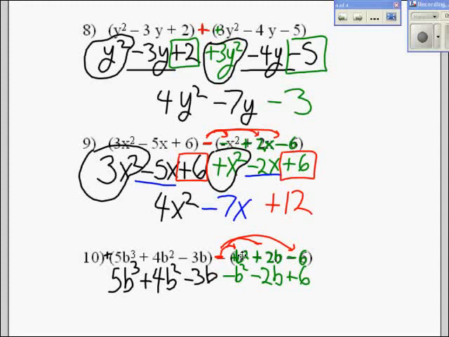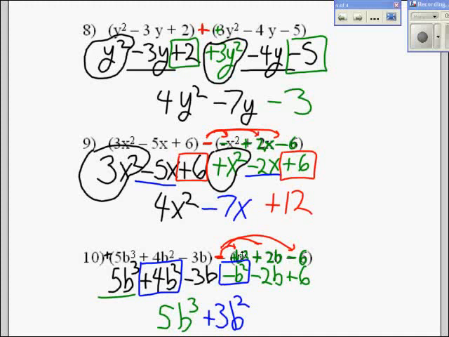Now we're ready to combine like terms. So I have 5b cubes. No other cubes in there. Next I look for b squares. I see I have 4b squares, and here I have minus a b squared, so that's going to bring me down to plus 3b squares.